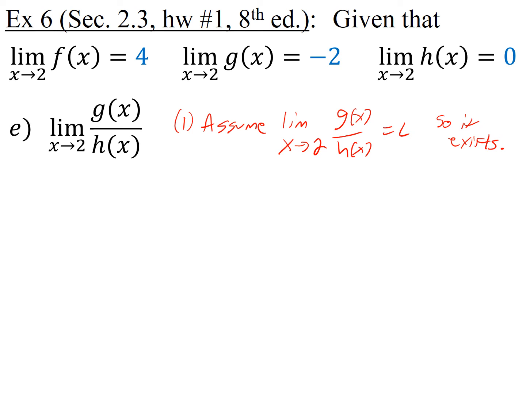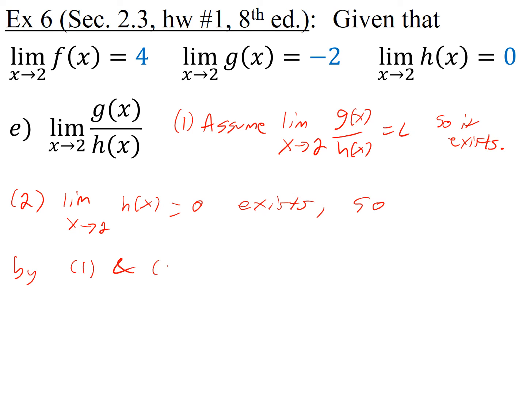Well, the next thing is we know that the limit of the bottom exists. The limit as x goes to 2 of the bottom exists. So by 1 and 2, we're going to look at this limit. Well, what limit are we going to look at? I'm going to make up something that's equal to g, but I want to use the limits that we know. We know g over h, so I want to get g over h in there. So I'm going to put g over h in brackets.